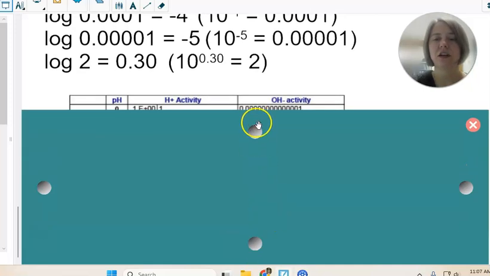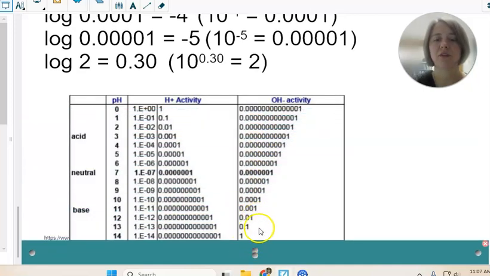Okay, so looking at a table, you don't have to copy this down, but let's take a peek at it. If you have a pH of 0, then you have 1 molar hydrogen ions. If you have a pH of 1, so that's 10 to the negative 1, you'd have 0.1 molar concentration of hydrogen ions.